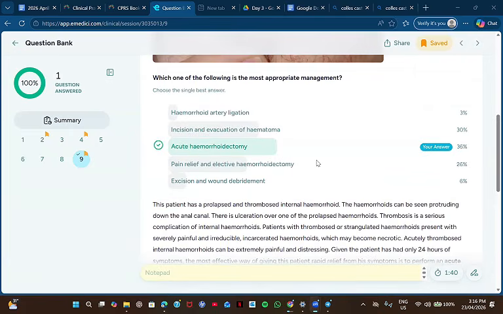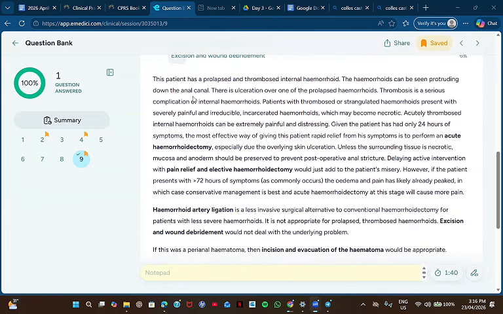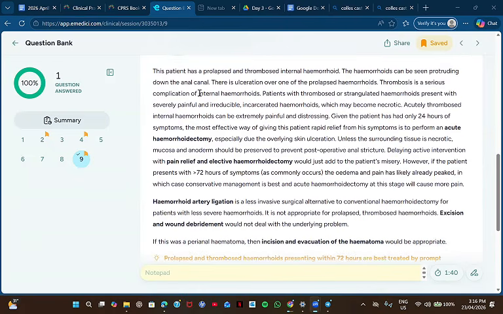So the answer is acute hemorrhoidectomy. The patient has a prolapsed and thrombosed internal hemorrhoid, right? This can be the exact thing. The hemorrhoids can be seen protruding down the anal canal. There's ulceration over the prolapsed hemorrhoid. Thrombosis is a serious complication of internal hemorrhoids.